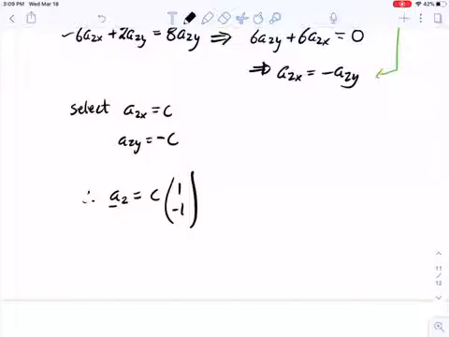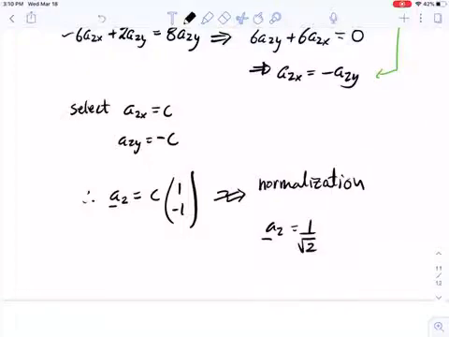If you wanted to normalize, then a2 would be 1 over root 2 times (1, minus 1). So if you took the dot product of a2 with itself, you'd get 1 over root 2 squared, so you'd get 1/2, and then 1 plus minus 1 squared, which would be 2. 2 times 1/2 is 1. Okay.